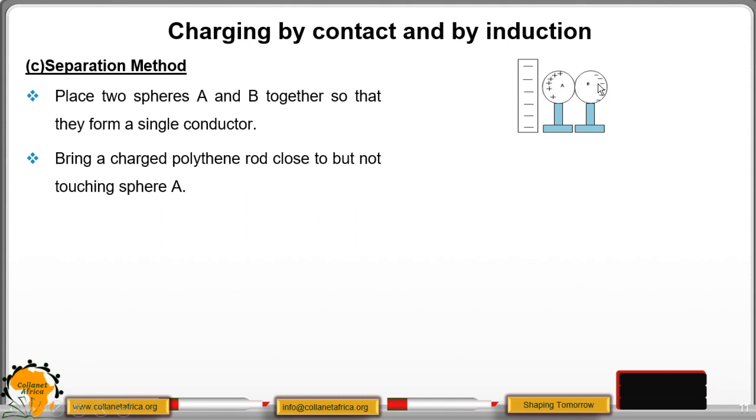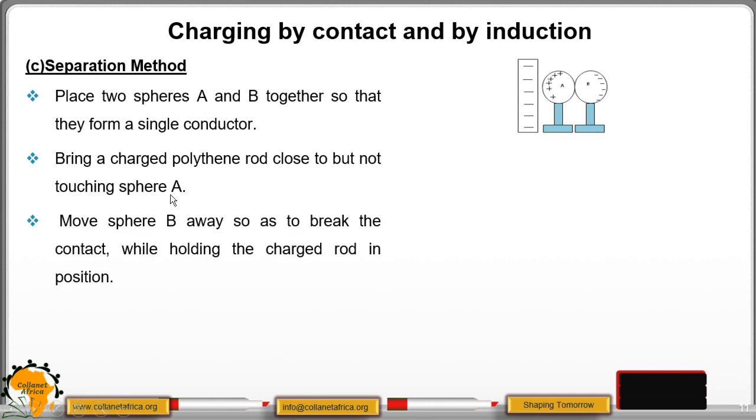So all the positive charges will be attracted towards this end, and all the negative charges will be repelled towards the other end. Then after that, you are supposed to move sphere B away so that we can break the contact. As shown here, we have moved sphere A away. So now the two bodies are not acting as one.